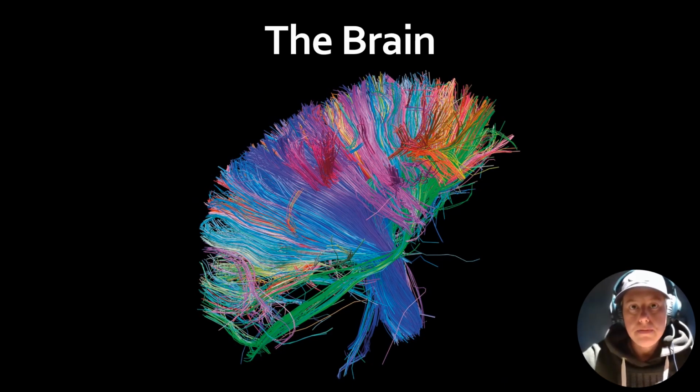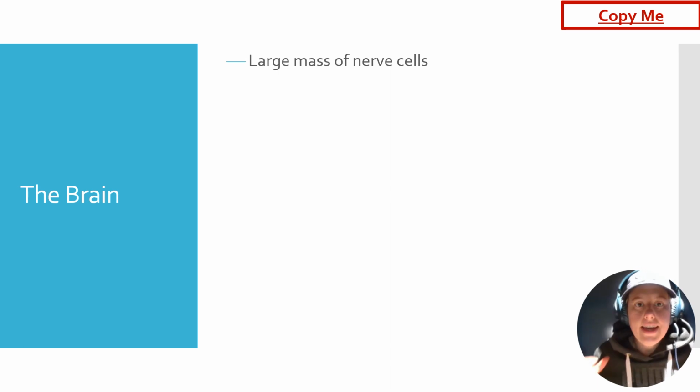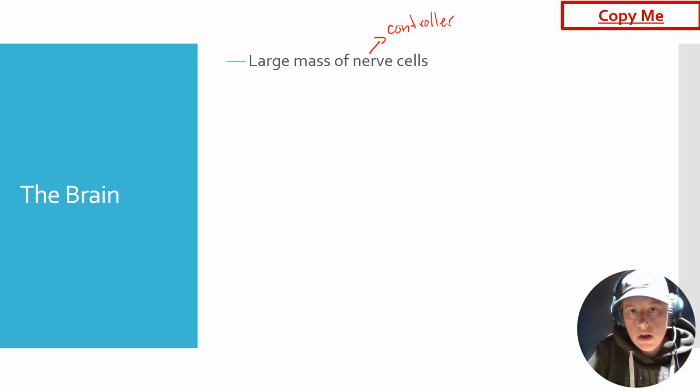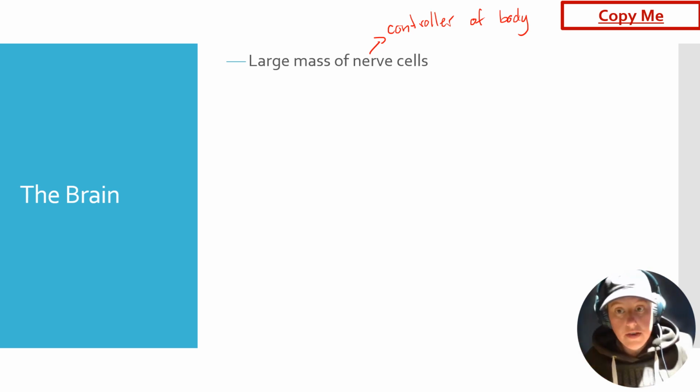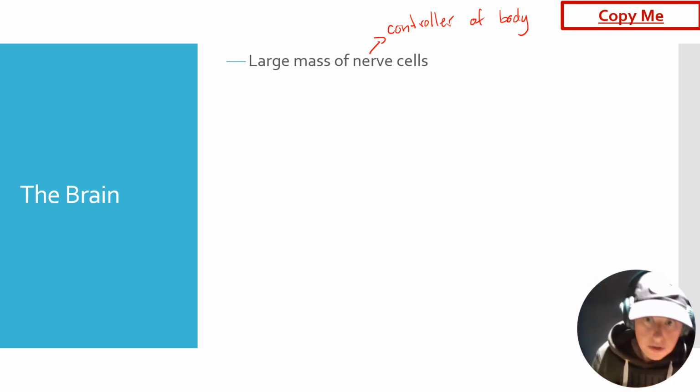So let's get started. The brain, first and foremost, is a large mass of nerve cells, which pretty much makes sense because if we think about the brain, it is the controller of the body. It processes all information. It processes stimuli from internal sources and external sources.